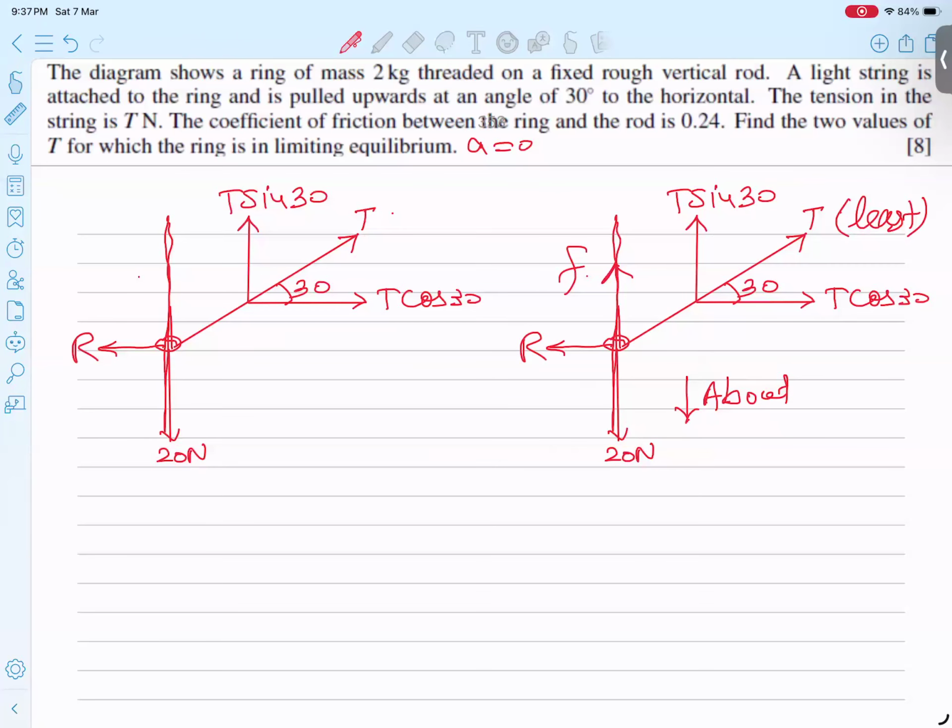Least, because the least force is about to move down. And if the largest force comes, the largest force is about to move up.